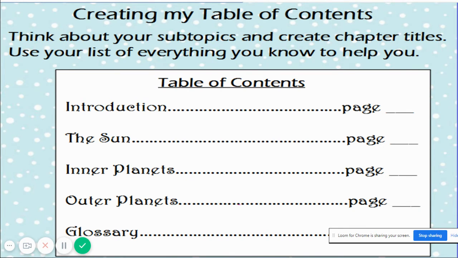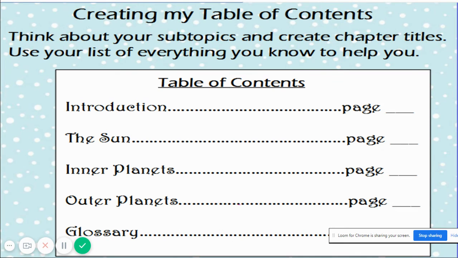So you can organize your writing any way you want. I do suggest that you try to minimize your chapters so it doesn't get overwhelming and so that your chapters have enough content in them. It is a requirement that you do have an introduction because that is part of your checklist that you'll be looking at the end.